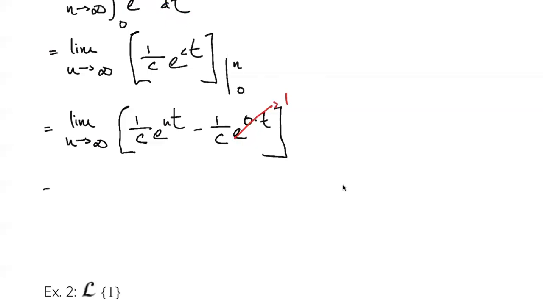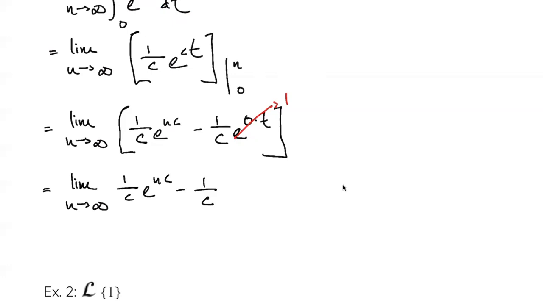And so what are we left with? We really have the limit as n approaches infinity of 1 over c e to the nc, that's not a t, sorry, minus 1 over c. All right.